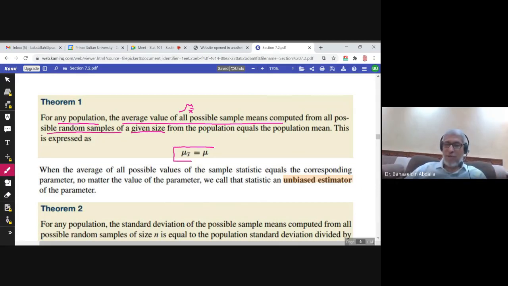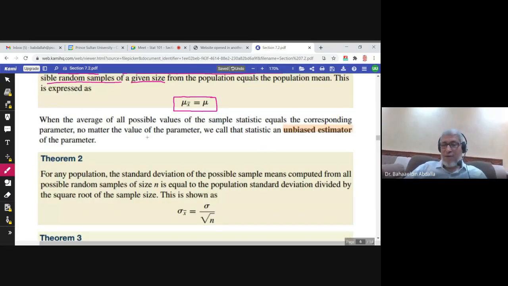So mu X bar is equal to the population mean. So you have to differentiate between mu X bar and mu. Mu X bar is the average value of all possible sample means, but mu is the mean of the population.